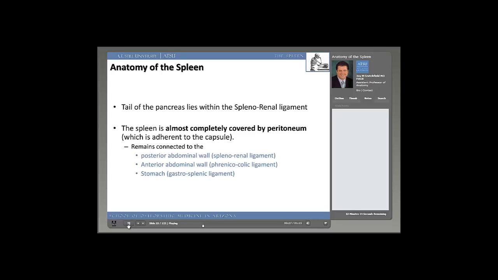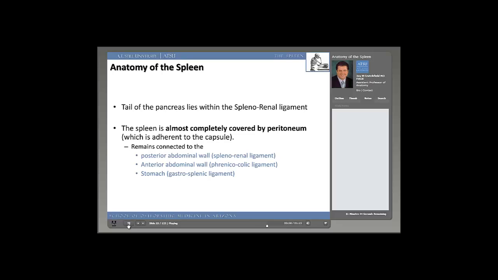The spleen is almost completely covered by peritoneum, which is adherent to the capsule. However, it does remain connected to the posterior abdominal wall by the ligament between the spleen and the kidney, between the anterior abdominal wall, between the diaphragm and the colon, i.e. the phrenicocolic ligament, and it's connected to the stomach by the gastrosplenic ligament.